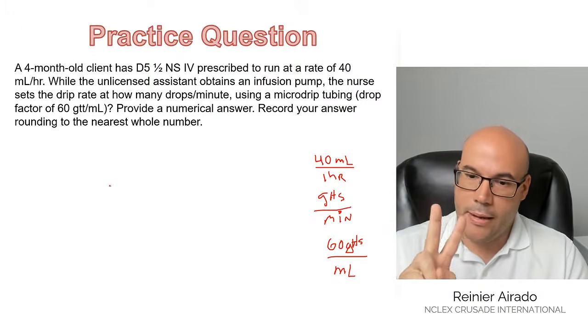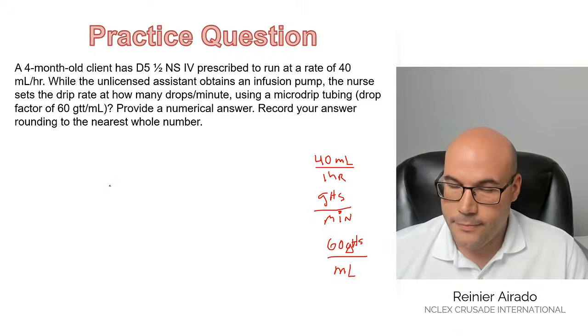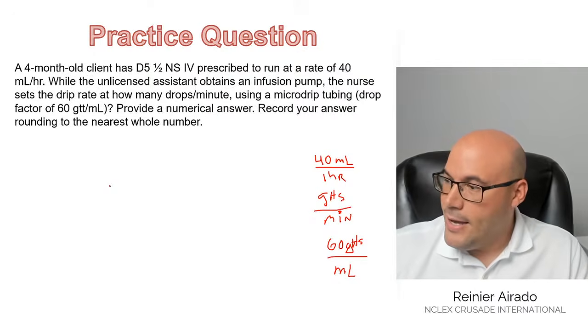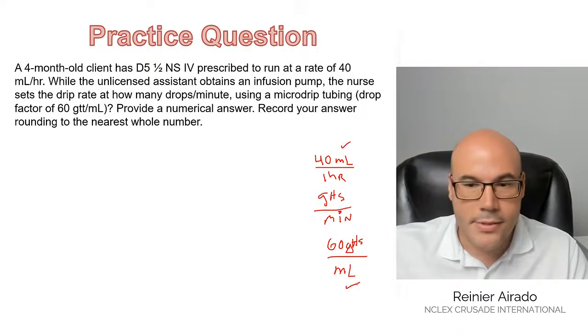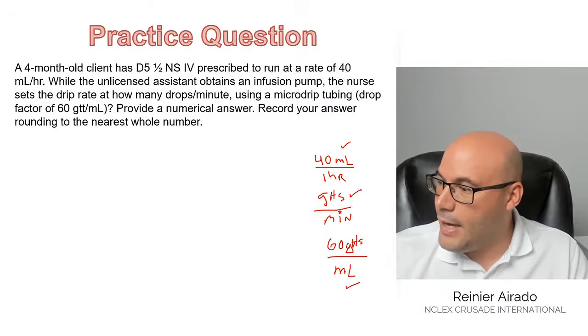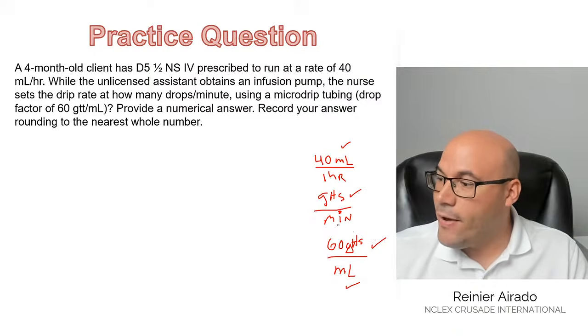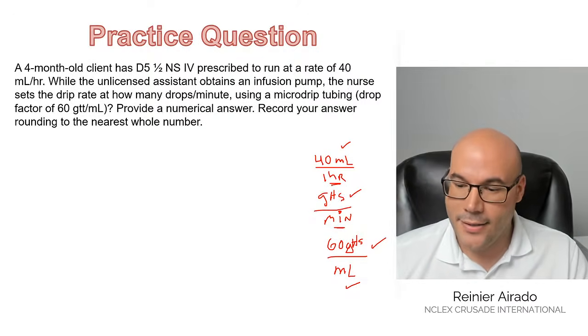Now we got to do step number 2, which is, do I need a conversion factor? Yes or no? Well, let's see. I have milliliters, 40 milliliters, and I have milliliters down here. Okay, same unit. I have drops, and I have drops, same unit. But then I have minutes, and I have hours, not the same unit.